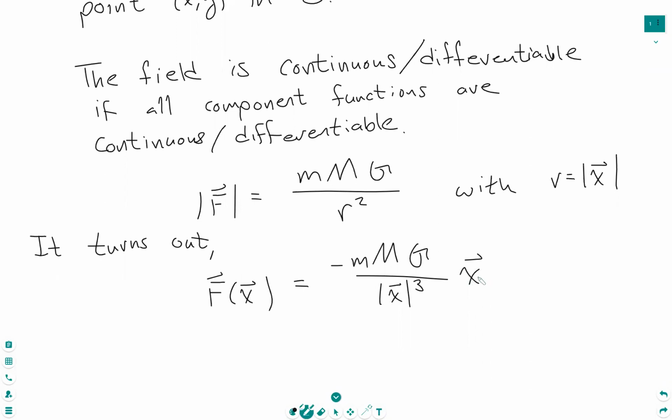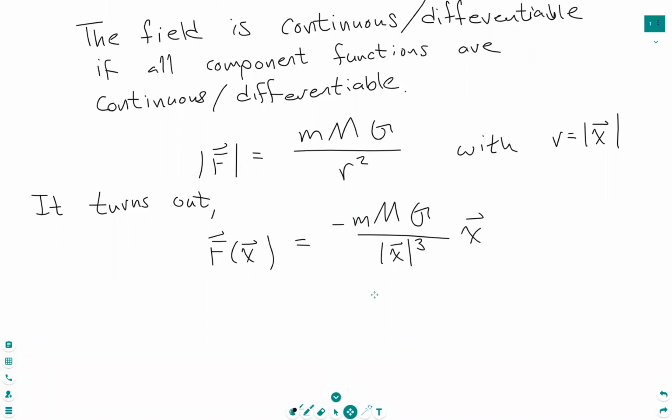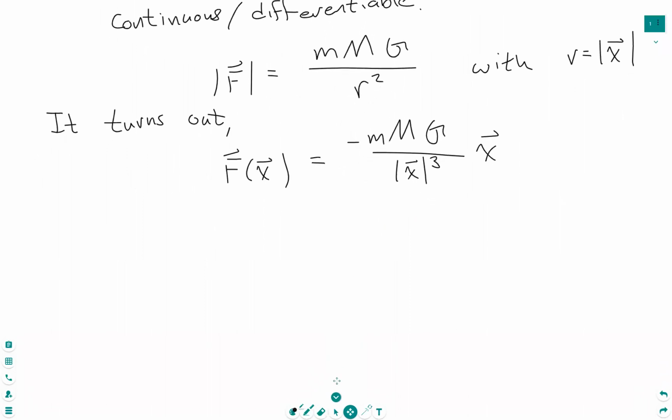So x is here the vector that points between the two objects, and the force of gravity is necessarily negative because it's pulling you towards it. And you have these masses, and the only reason this is cubed here is so that we get the unit direction, basically. We still have this r squared on the bottom, and then we create a unit vector that's in the direction that the force is going to be pulling in. Okay, so that's just an example of vector fields that interact with us every day.